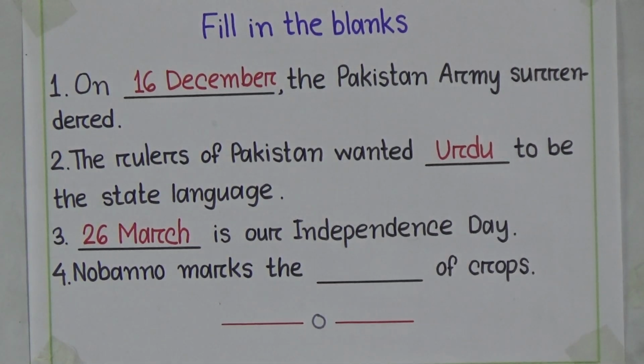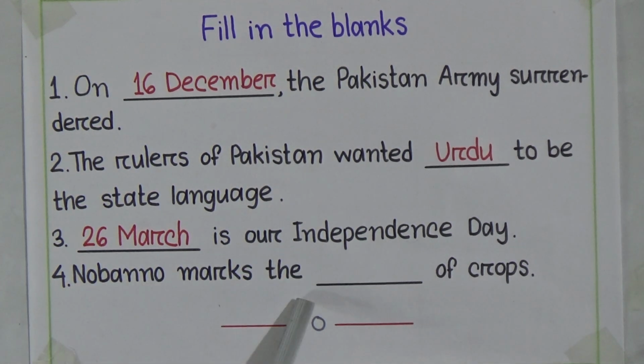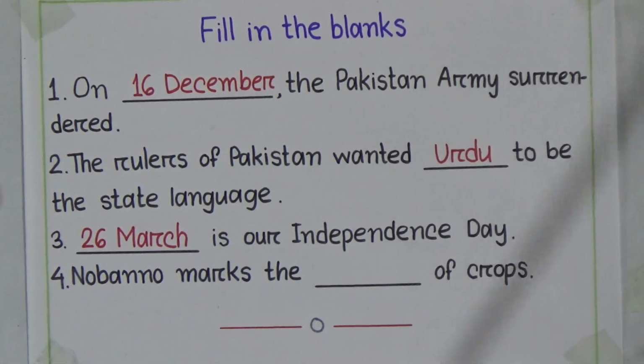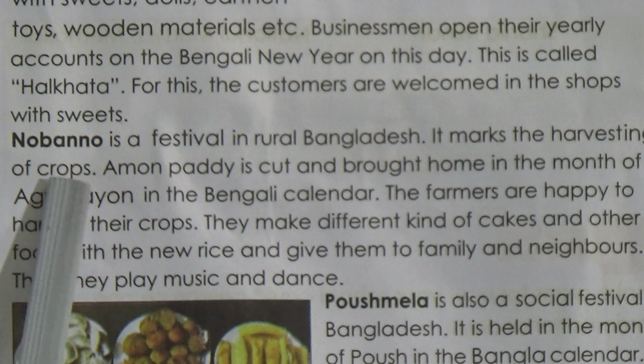Now, number 4. Nabanno marks the dash of crops. So, in the gap, the word will be harvest. We find here, come to lesson 3. Nabanno is a festival in rural Bangladesh. It marks the harvesting of crops.